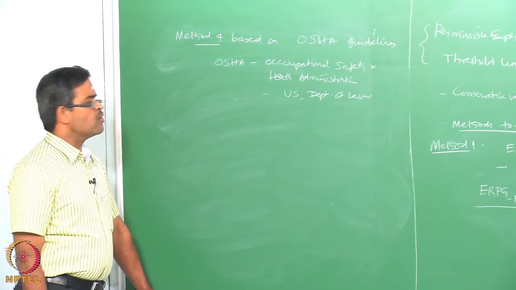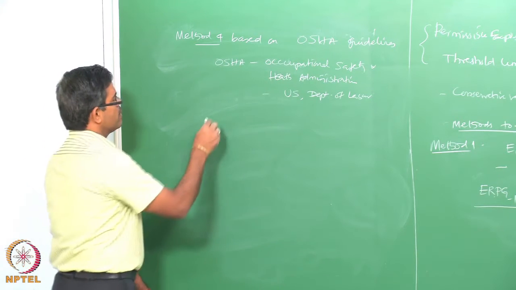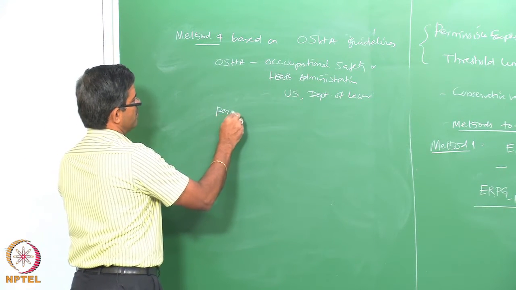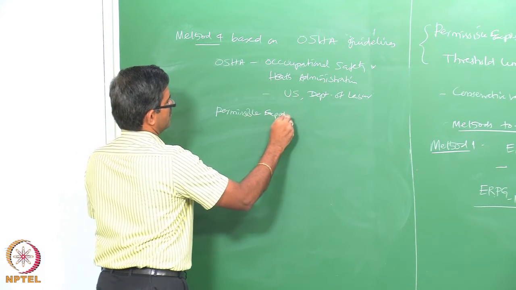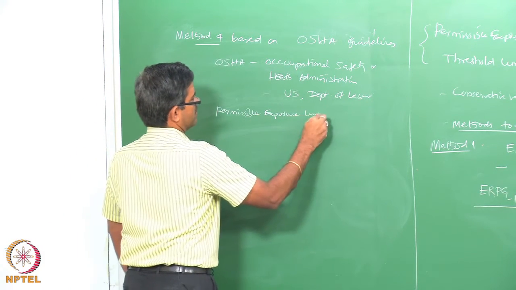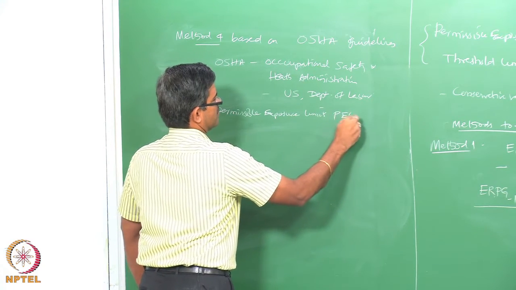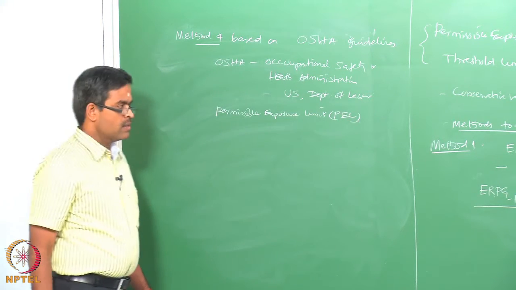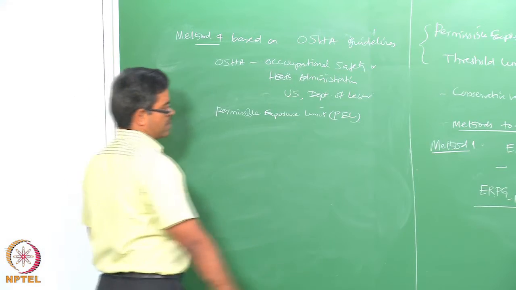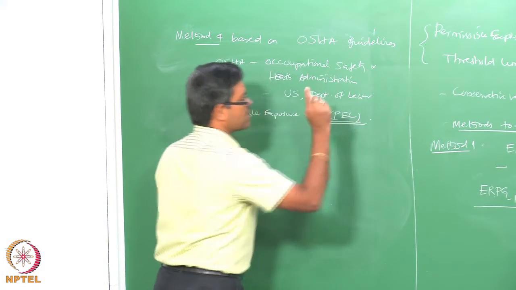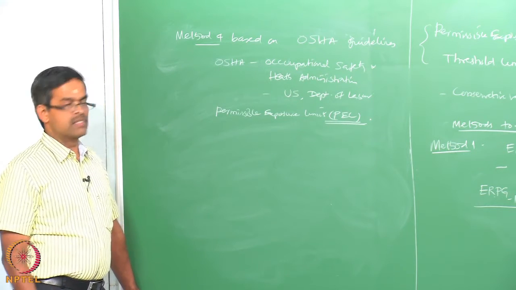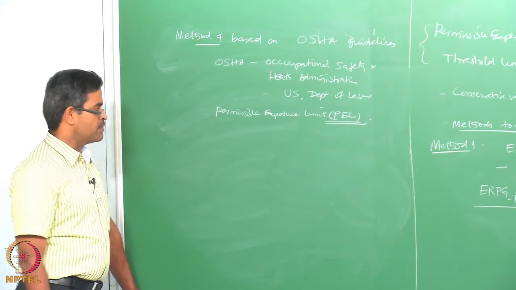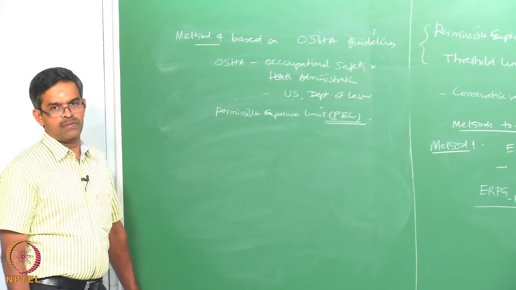So, they also give you guidelines in terms of permissible exposure limits, which is PEL. So, one can also check the permissible exposure limits of a given chemical when it is released in the environment and check the toxicity whether it is within the permissible limits or not.